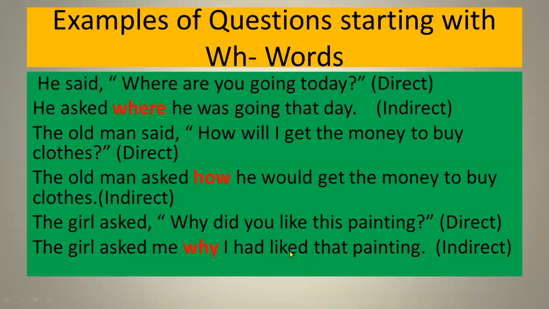That's why I have changed "did you like" into "had liked". Why has this "you" been changed into "I"? Because the person addressed is reporting the speech. This has been changed into that. So the question in indirect narration is: The girl asked me why I had liked that painting.